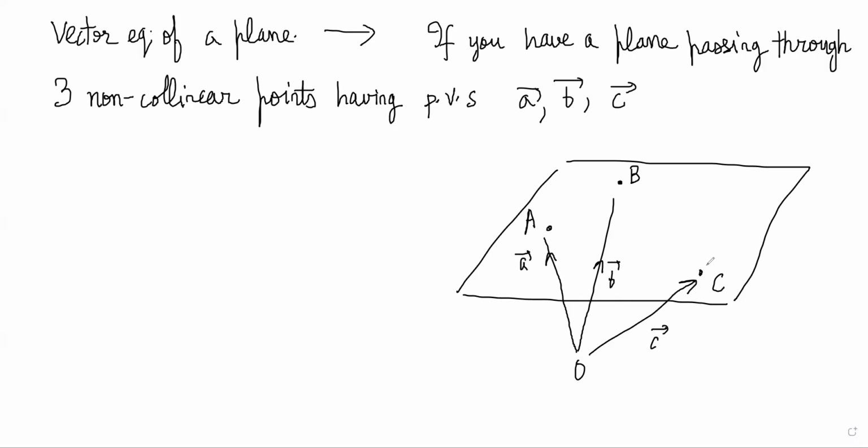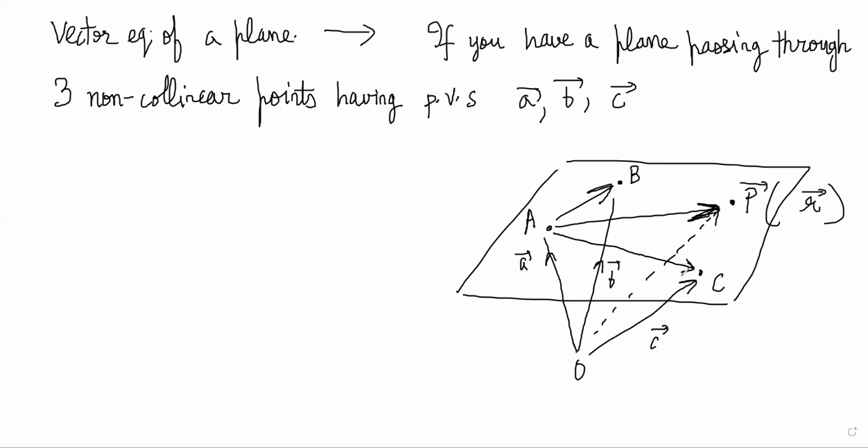How do we form the vector equation of a plane? We can say that there can be a random point P on the plane whose position vector is R. So this vector is my R, the random point on the plane. And we can say that AP vector, AB vector, and AC vector must be coplanar.